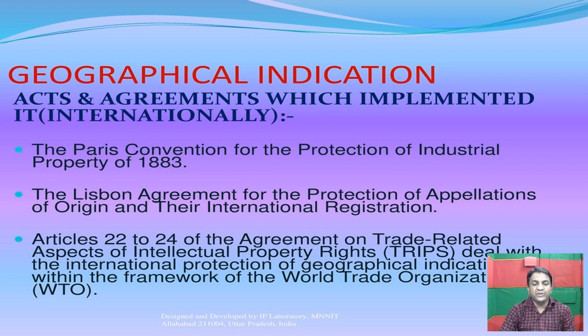Articles 22 and 24 of the Agreement on Trade-Related Aspects of Intellectual Property Rights, which deals with the international protection of geographical indications within the framework of the World Trade Organization, that is, WTO. So these GI acts and agreements are important internationally.